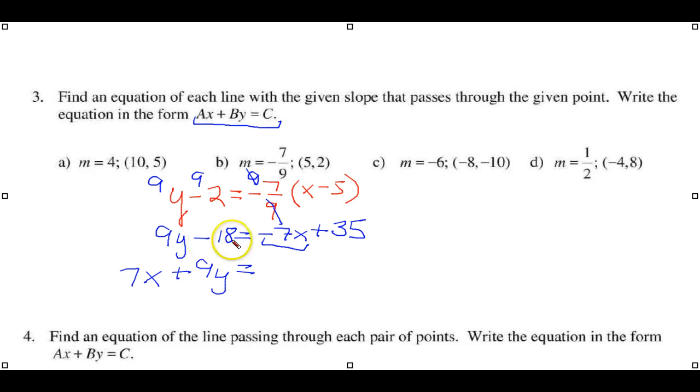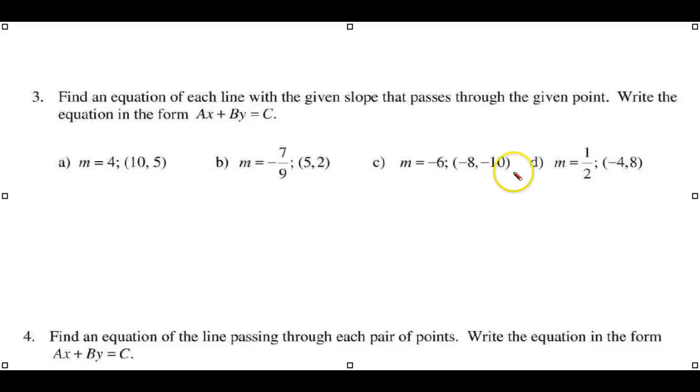And I now transpose this to this side where it becomes a positive 18. And I get 53. And that's the answer. Again, these are the models of how to do these. So let's go on to the next one.